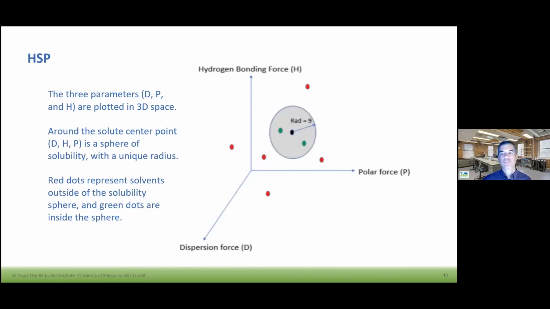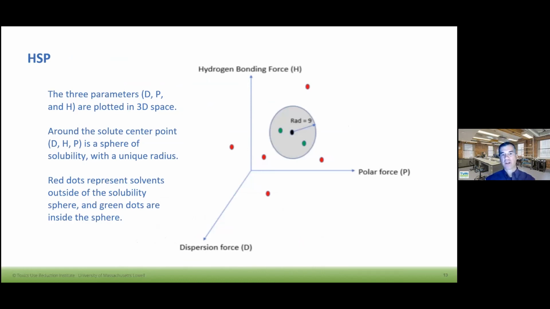Now we have these three intermolecular forces. We graph them in three-dimensional space, using one for the x-axis, one for the y-axis, and one for the z-axis. By doing this, we can plot all the solvents and solutes in this three-dimensional space.